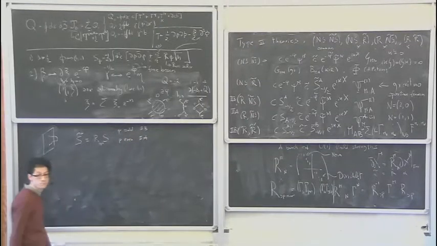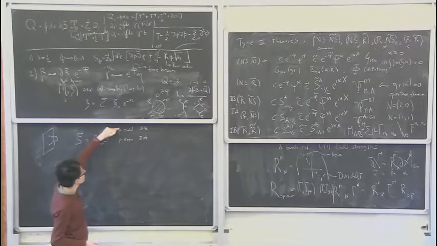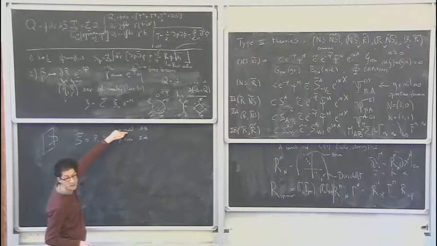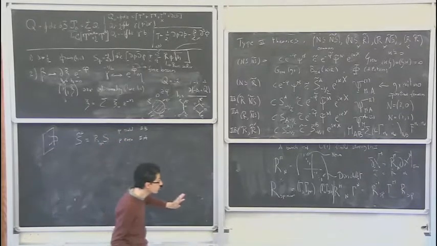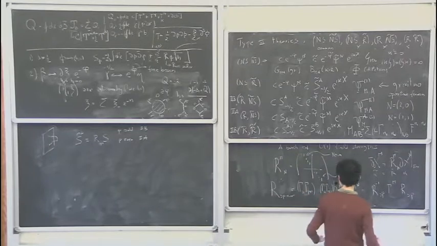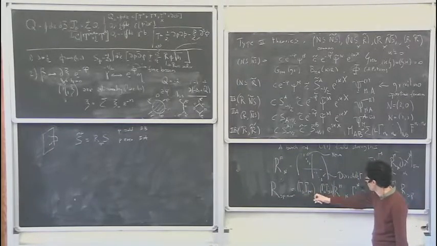So while in bosonic theory you can have D-branes of any dimensionality, in the superstring you have p-branes of odd dimensionality in type 2B and even dimensionality in type 2A. This is just a consequence of the fact that if you multiply an odd number of these objects, this changes chirality. If you multiply an even number, it doesn't, right?